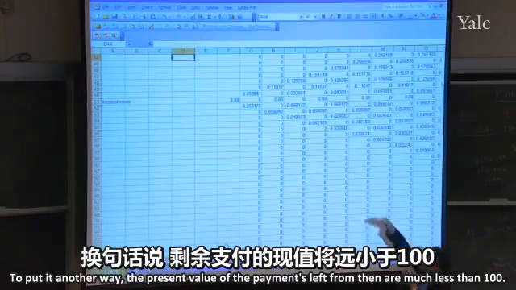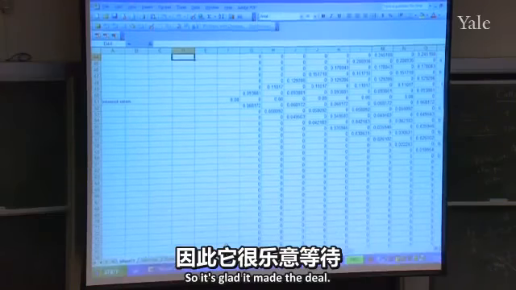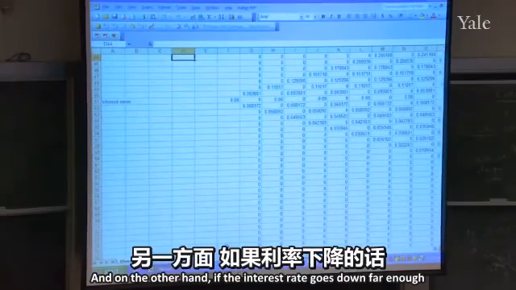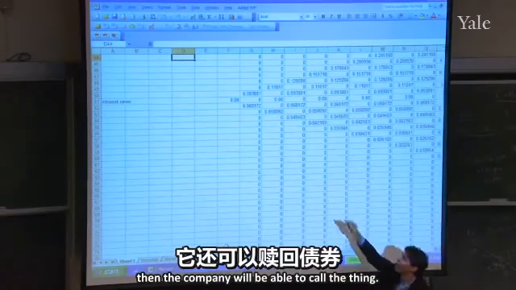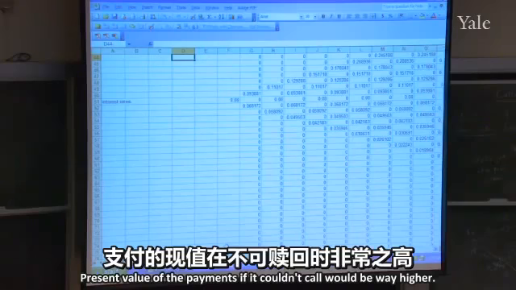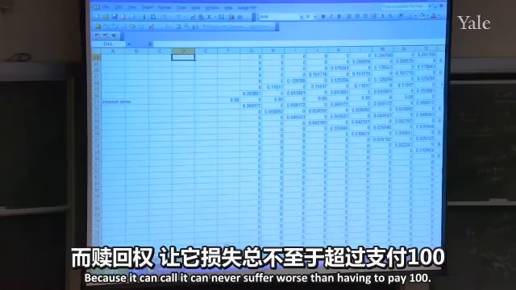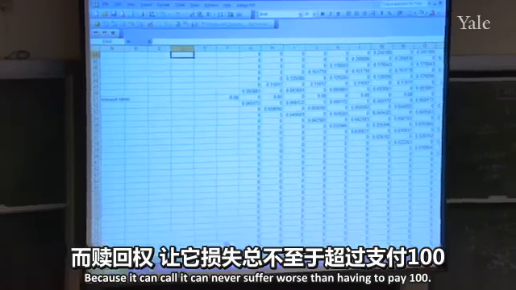To put it another way, the present value of the payments left from then is much less than 100. So it's glad it made the deal. On the other hand, if the interest rate goes down far enough, then the company will be able to call it. The present value of the payments, if it couldn't call, would be way higher. Because it can call, it can never suffer worse than having to pay 100.